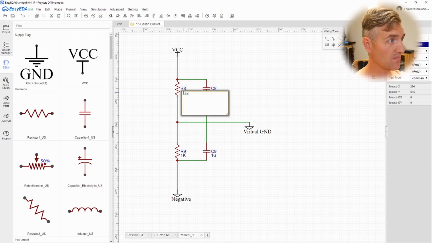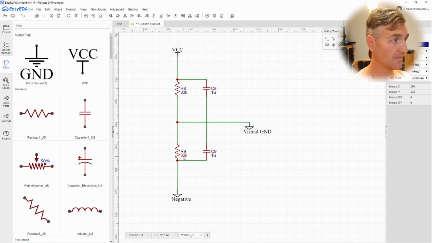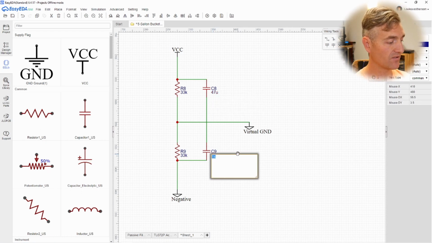And actually, on my board, I used 33 kilo ohm resistors. Why did I use such a high resistance? It's because once you hook this up, there's going to be current flowing through these resistors, and I just wanted to keep the current as low as possible. And I used 47 microfarad capacitors.